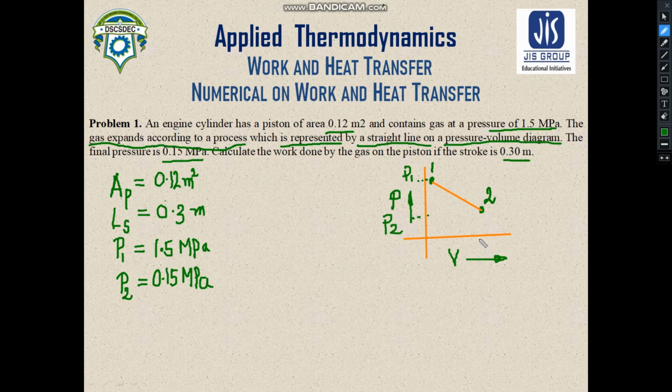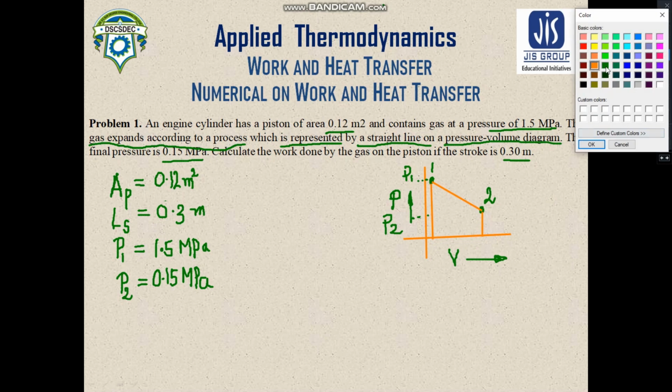Here we have our thermodynamic diagram, and from the concept of work transfer we know that the area under the PV curve is defined as the work transfer. So I can drop a perpendicular here and a perpendicular here.